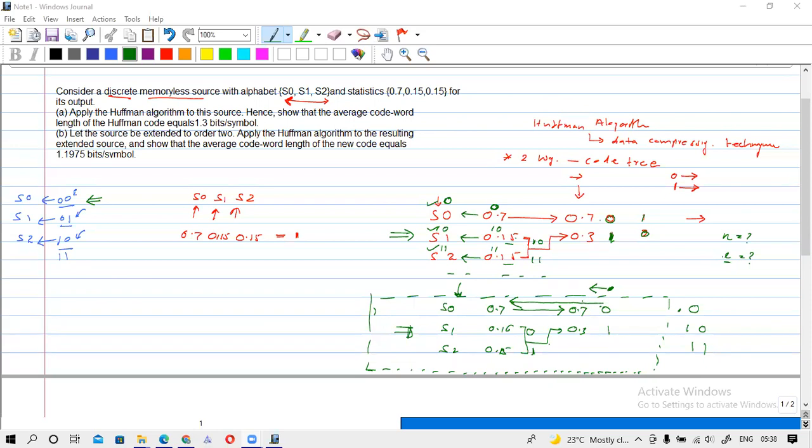In your protocols, you have to define how you are going to decode. So you have to write some code for Huffman codes; that is a protocol.